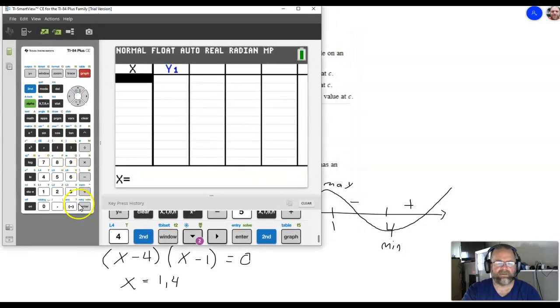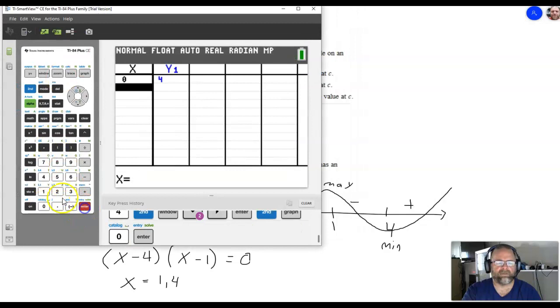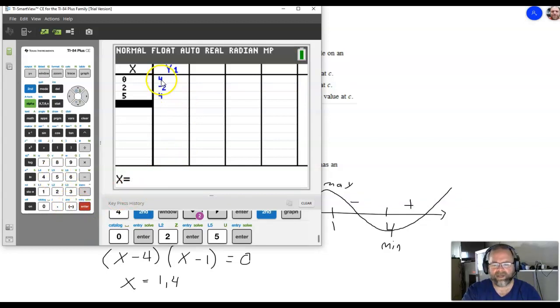So what was that? 0, 2, and 5. And notice I go from a positive to a negative to a positive.